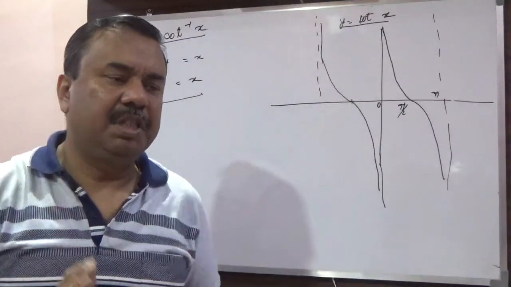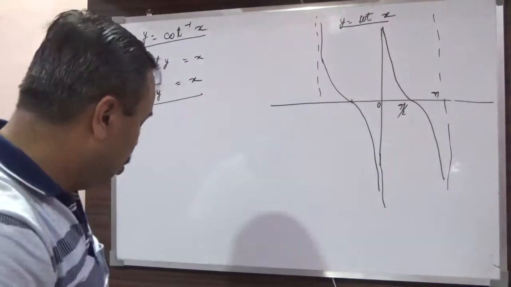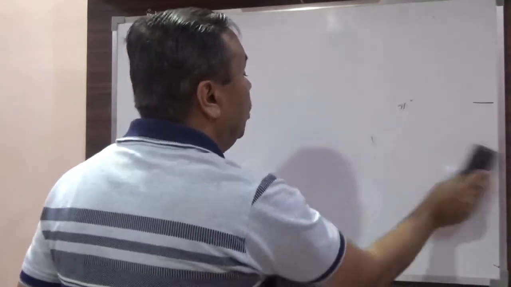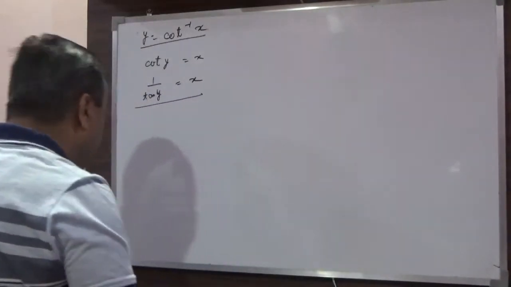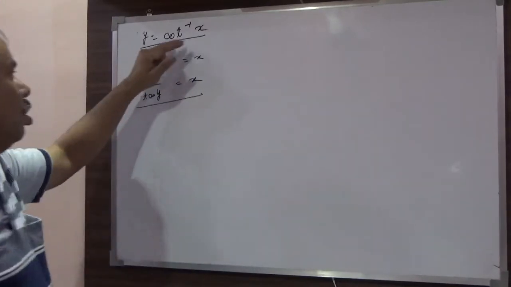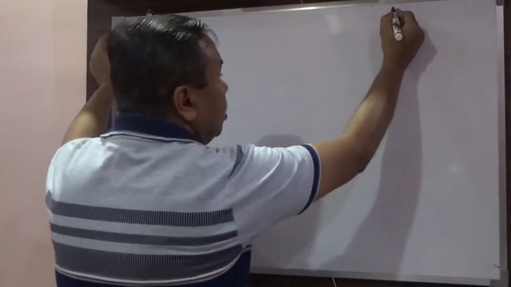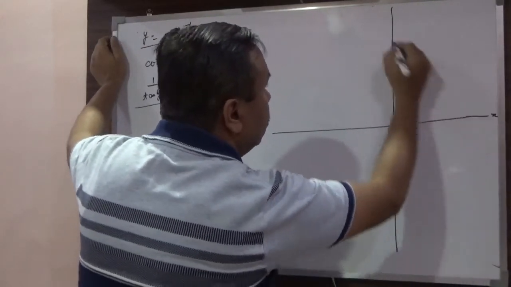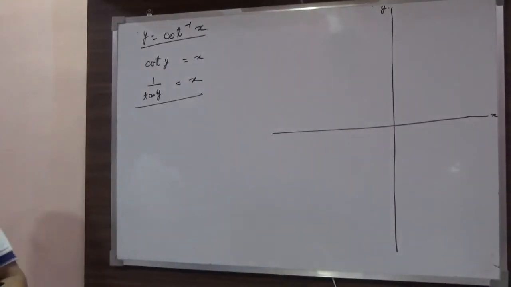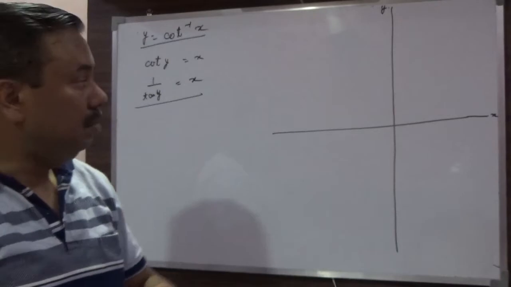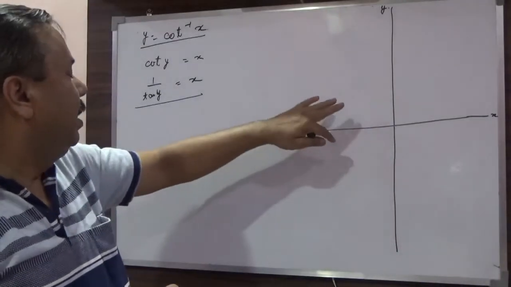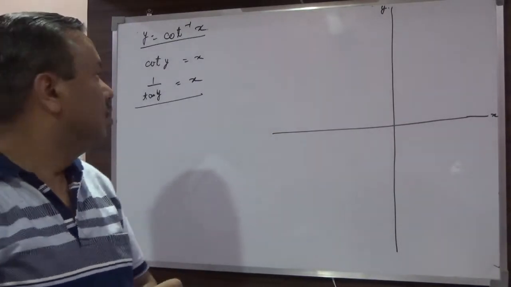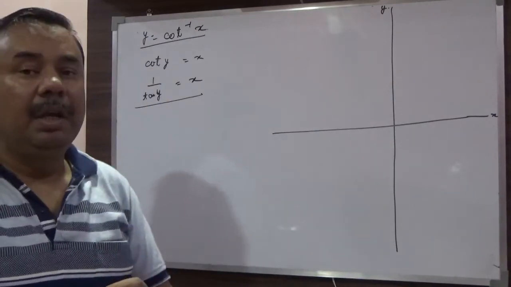Just keep this in mind, and then I will do what with my own original function for which we are discussing. Okay, my original function is y equal to cot x. As I told, at x equal to 0, what will be the value of cot x? That will be infinity.